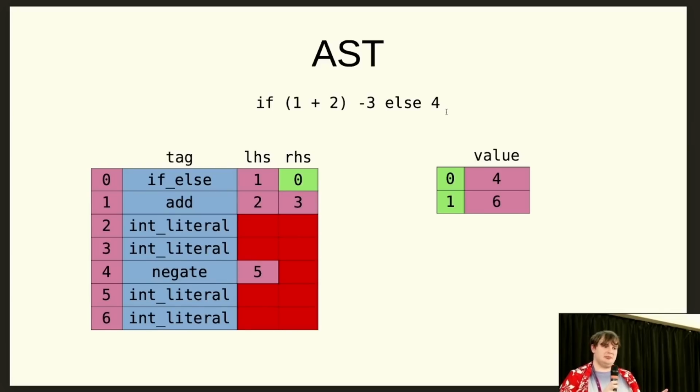This is a simple bit of syntax, meaningless code, but just an example. You have this if-else tag as our first item. You've got items on the left and extra data on the right. The LHS of our if-else is the condition, so that's pointing to node 1, which is an addition. But the RHS points into extra data, because if-else has 3 operands, so we can't just pack them in the LHS and RHS.